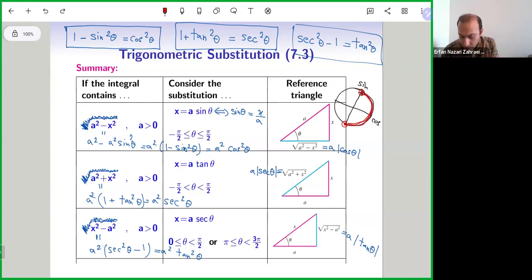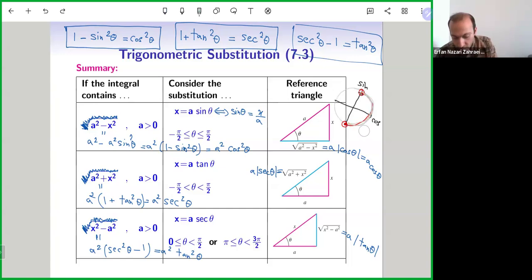But in this red part, cosine is already positive. It's not negative, so you can drop the absolute value. That's a very important reasoning here: because we are in these two quadrants and cosine is positive in those quadrants, this is actually a cos theta.